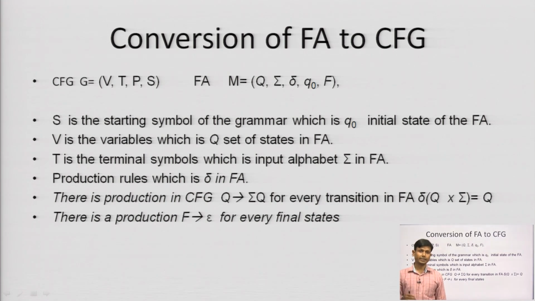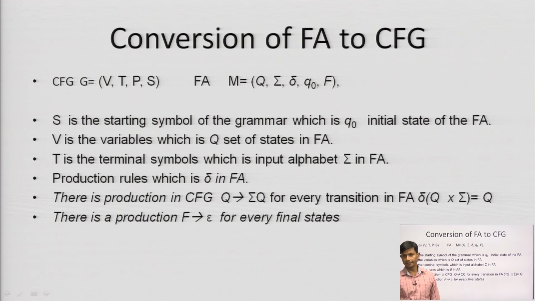So the initial state Q0 of the finite automata will be the starting symbol of the grammar. The second rule says that all states in finite automata are variables. Then the input alphabet sigma of the finite automata gives the terminals.